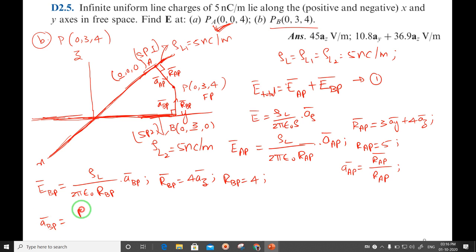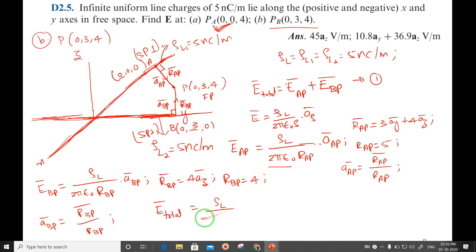Right? So then what is a_BP? a_BP is equal to vector R_BP divided by the magnitude of R_BP, right? This is the formula. So I'll substitute in equation 1. E total is equal to, so we have E_AP here and E_BP here. So rho_L by 2 pi epsilon naught is common. So I'll take it out.